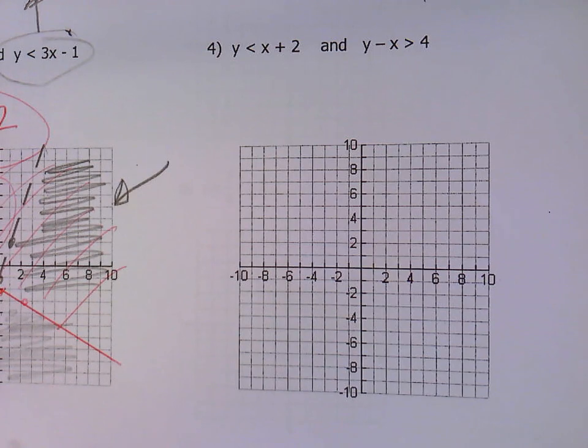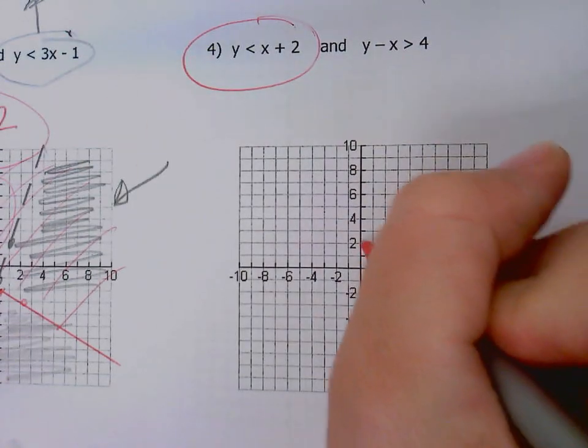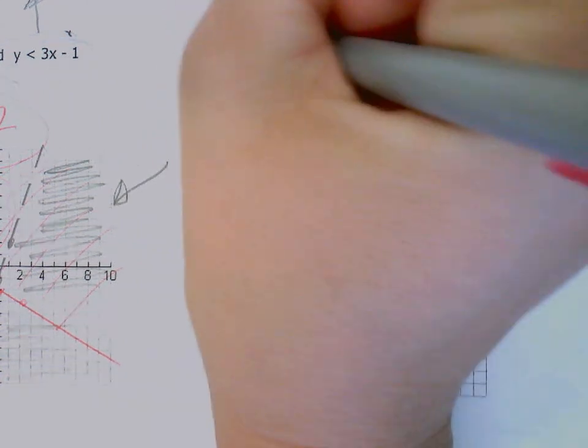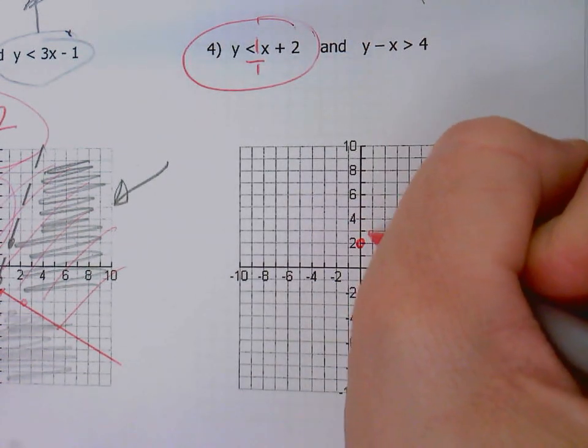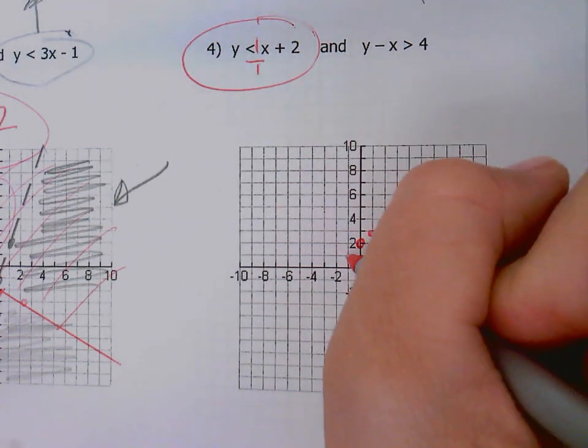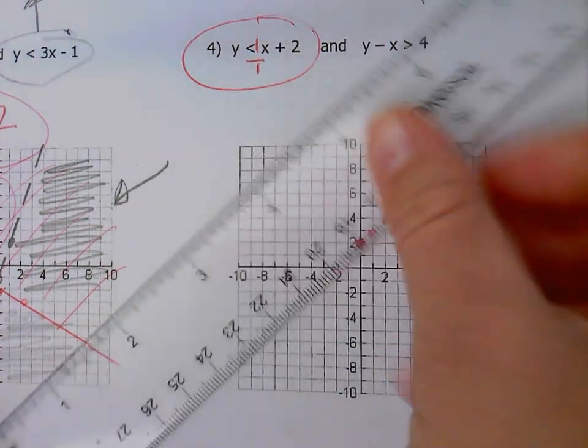All right, I'm going to start graphing this last one here. I start at 2, and I'm going up 1 over 1. Dotted line.